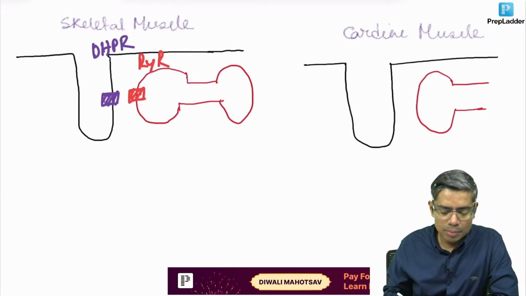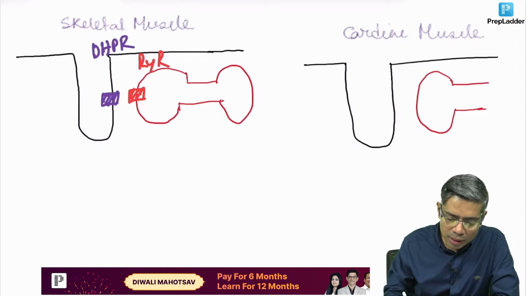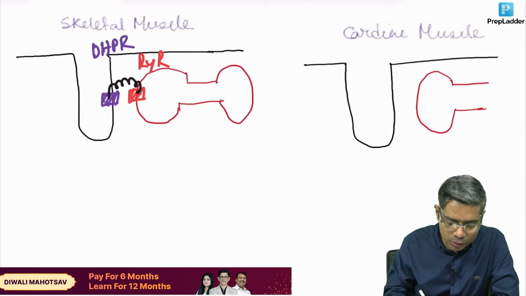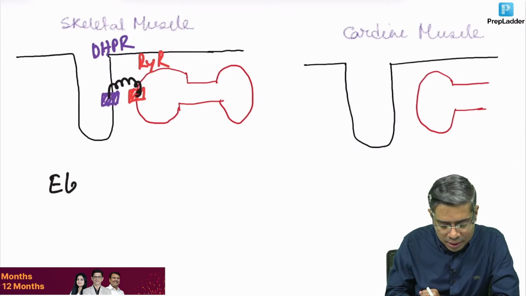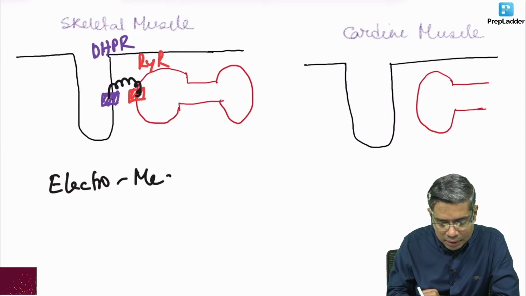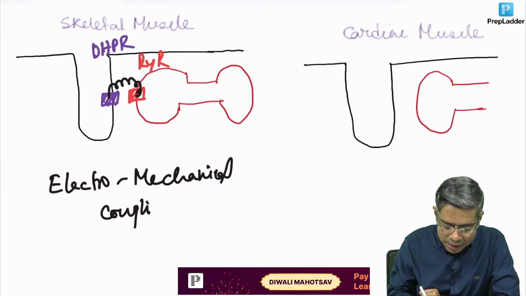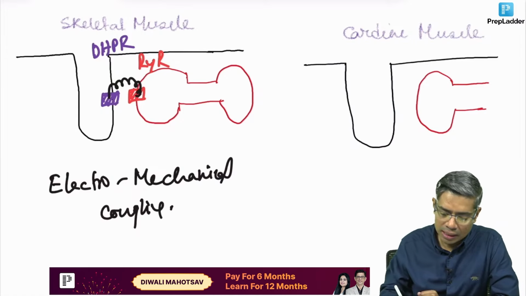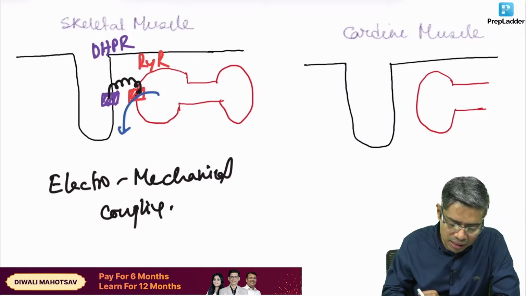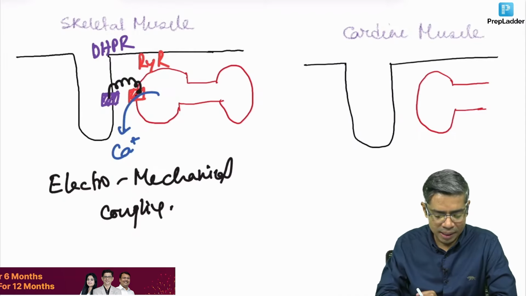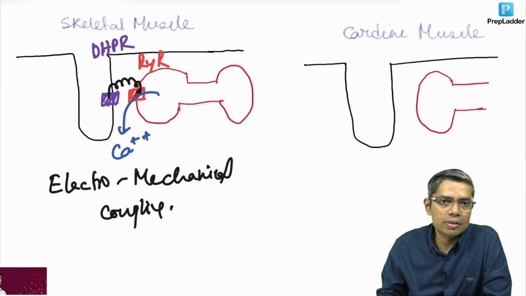In case of skeletal muscle, both of them interact mechanically with one another. That's why this is known as electromechanical coupling. Very good. Because of the electromechanical coupling in skeletal muscle, the calcium will be released from the sarcoplasmic reticulum, and that will cause contraction.